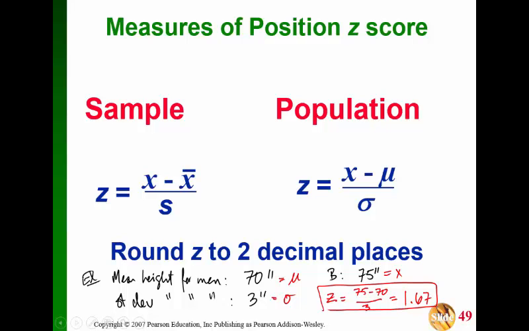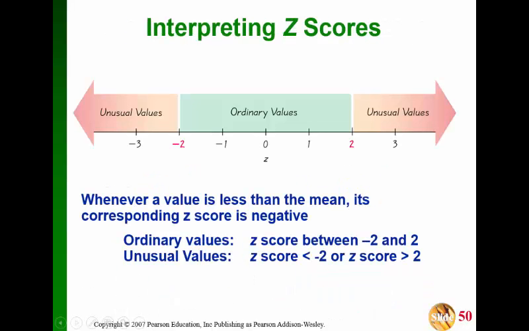We talked about usual and unusual values, and I think last time this slide came up, I crossed out ordinary and put usual. 1.67 is somewhere over here, so he's still within the realm of usual values in terms of heights.